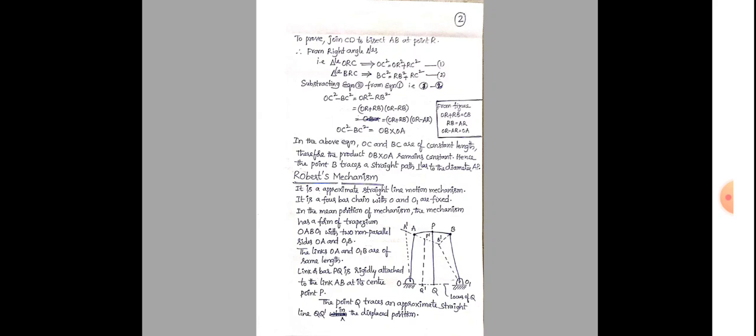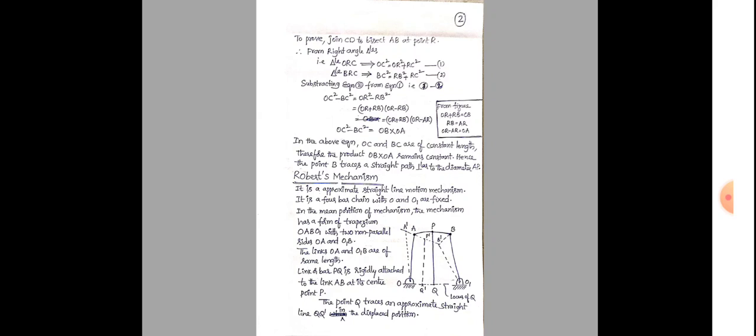If I subtract the left hand sides of both the equations, OC square minus BC square, that is equal to, now subtracting the right hand sides, plus RC square minus RC square gets cancelled, and it will be left with OR square minus RB square.